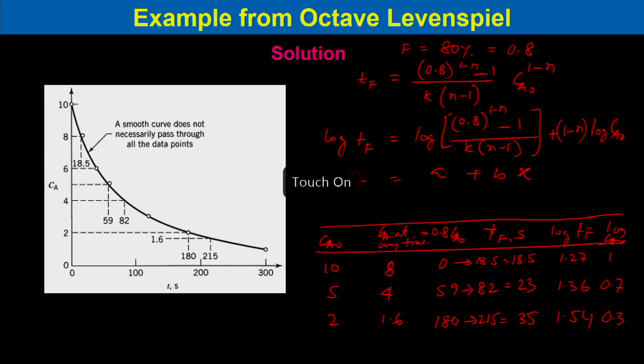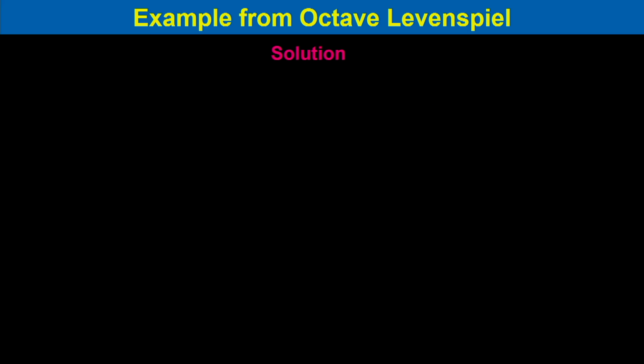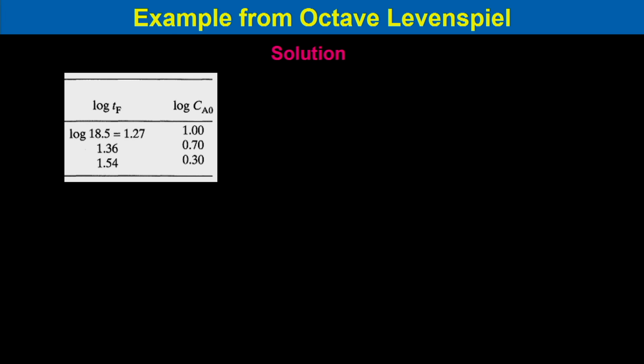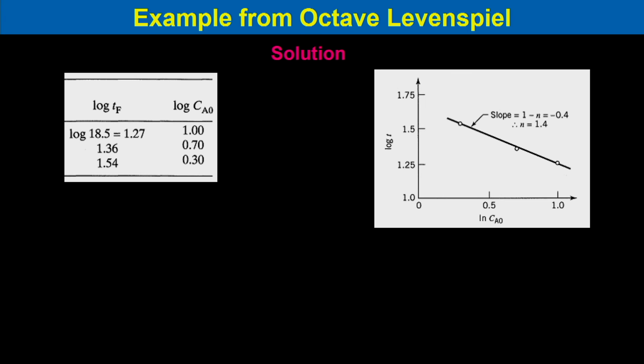So, this is the log Tf and log Ca naught we have calculated. Now, if we plot log Tf versus log Ca naught, this will fit with a slope of 1 minus n, which is about minus 0.4. So, from the slope of this curve we can calculate that n is equal to 1.4. So, this is an order greater than 1, but it is a fractional order.